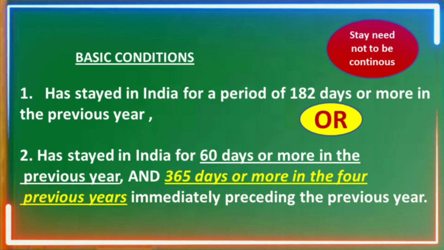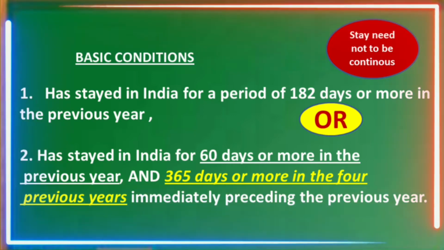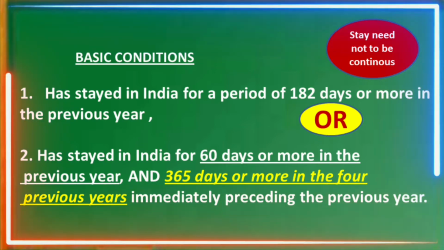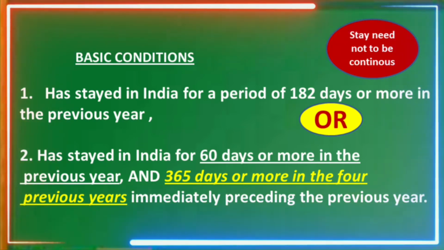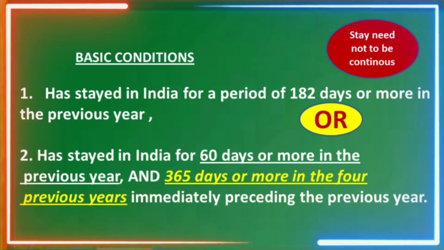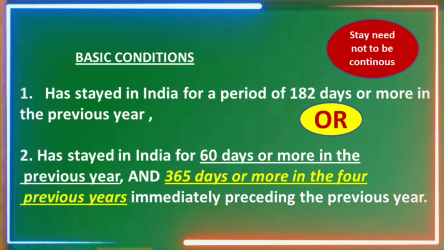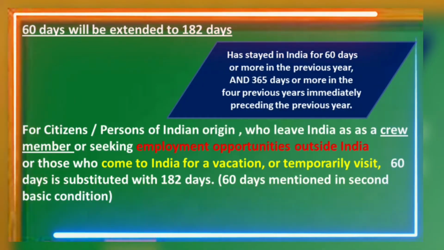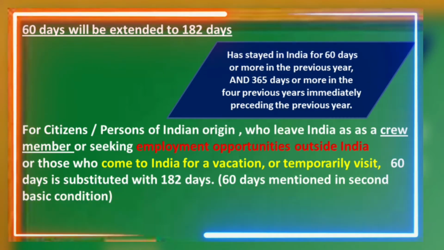So once again, what are the basic conditions? He is in India during the previous year for a period of 182 days or more. Or, second condition, he is in India for a period of 60 days or more during the year and 365 days or more during the 4 years preceding the previous year.